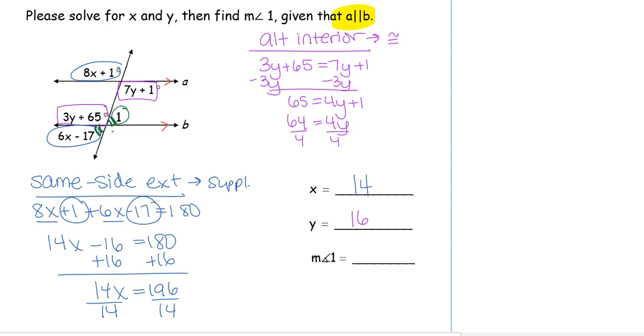And we know from a previous unit that vertical angles are always going to be congruent. So I have 6 times x minus 17. These two angles have to be the same. I have x is 14, so I do 6 times 14 minus 17. I find that this is 67 degrees. Since these are vertical angles, angle 1 has to be 67 degrees as well.